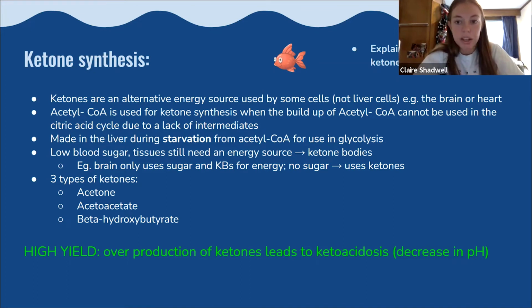It is initiated when there's low blood sugar and tissues still need a source of energy. One point they really like to test you on is that the brain can only use sugars and ketone bodies for energy. So if there's no sugars, it has to use ketones. And there's just a point down the bottom that there are 3 types of ketones. So yeah.